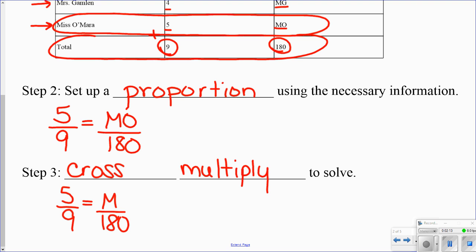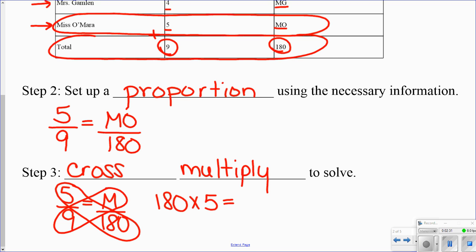I just want one variable. So the first thing I'm going to do to solve this, I'm going to circle the two numbers that are along the diagonal, and I'm going to put that into a multiplication problem. I'm going to set that equal to the other side of the diagonal that only has a number and a variable.